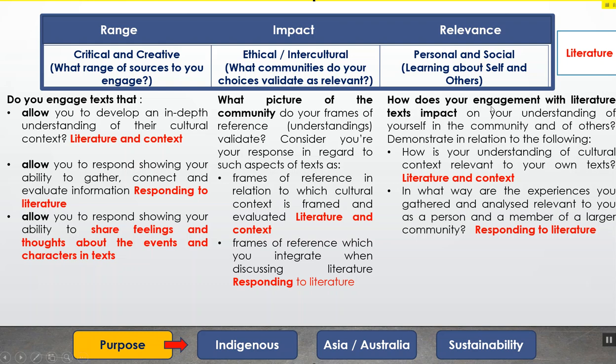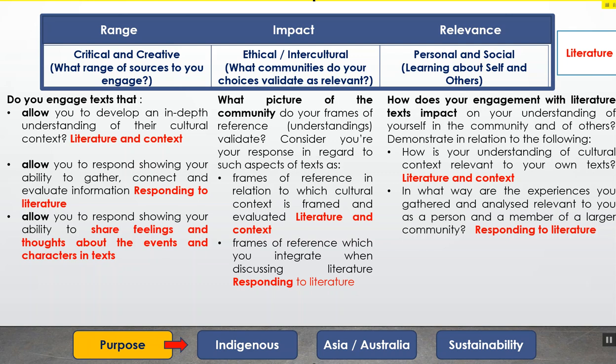So we have a similar sort of structure as we had with language. When I look at the personal and social, how does your child's engagement with literature text impact on his or her understanding of himself in the community and on his or her understanding of others?